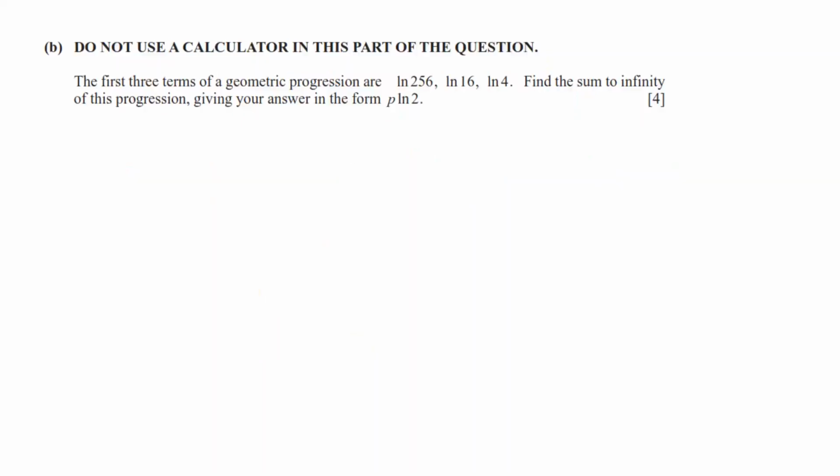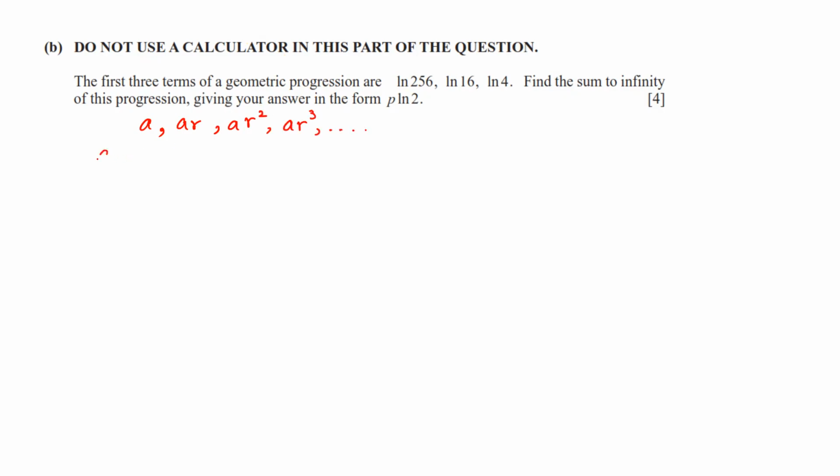Okay. So next part B, it says, again, you don't have to use a calculator in this part of the question, so be careful. It says the first three terms of a geometric progression. So remember, it's a geometric progression, and geometric progression will be a, ar, ar square, ar cube, and so on.